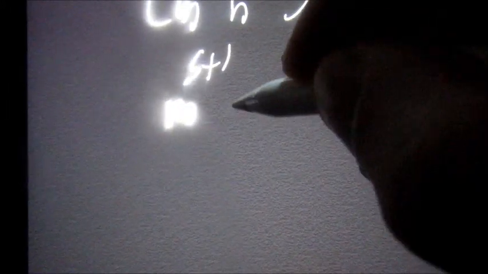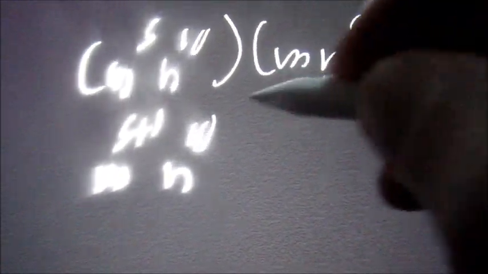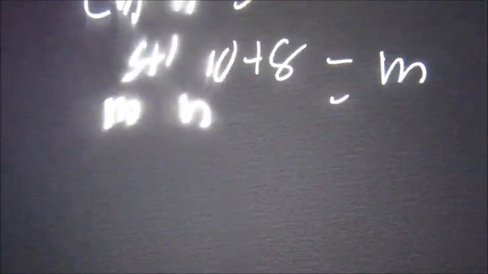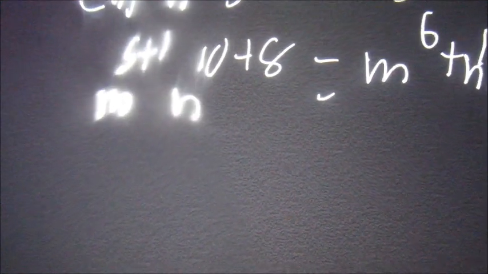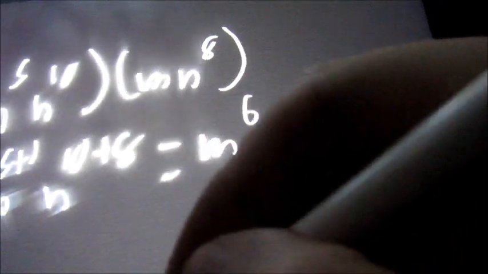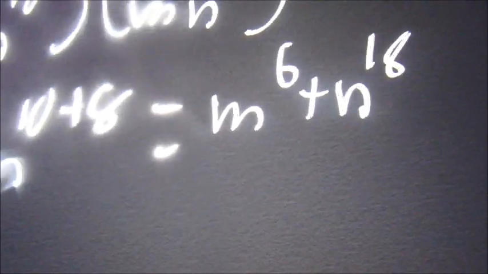So we're going to have an m to the 5 plus 1 times n to the 10 plus 8, which equals m to the 6 times n to the 18. Let me write that a little bit neater. n to the 18.